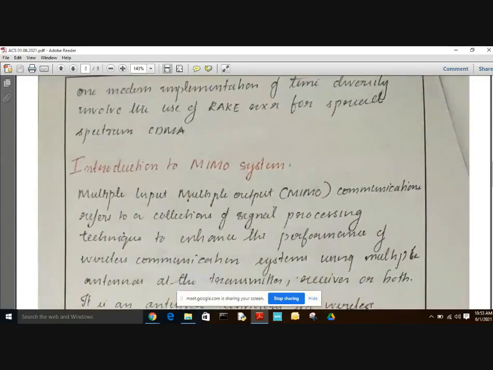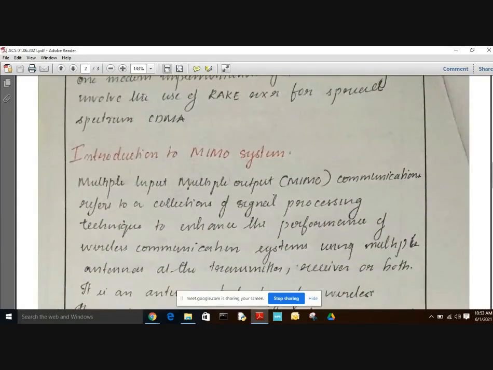Now we are going to the next topic, that is introduction to MIMO system. The MIMO system is a multiple input, multiple output communication system, and this refers to a collection of signal processing techniques to enhance the performance of wireless communication systems using multiple antennas at the transmitter or receiver or both.